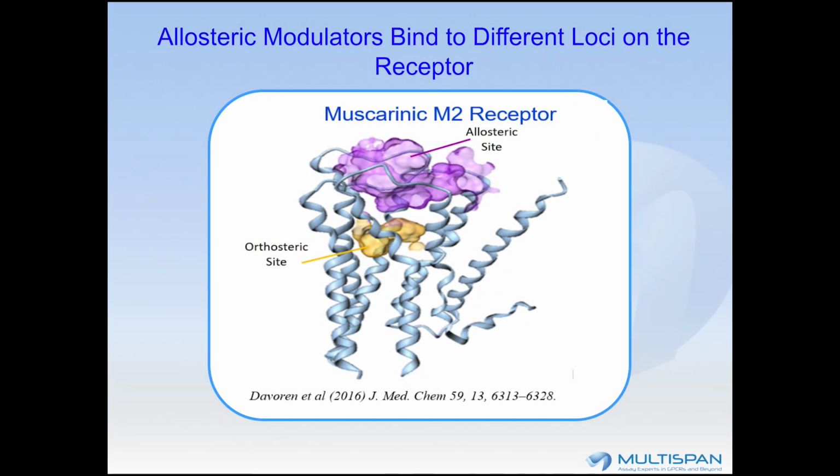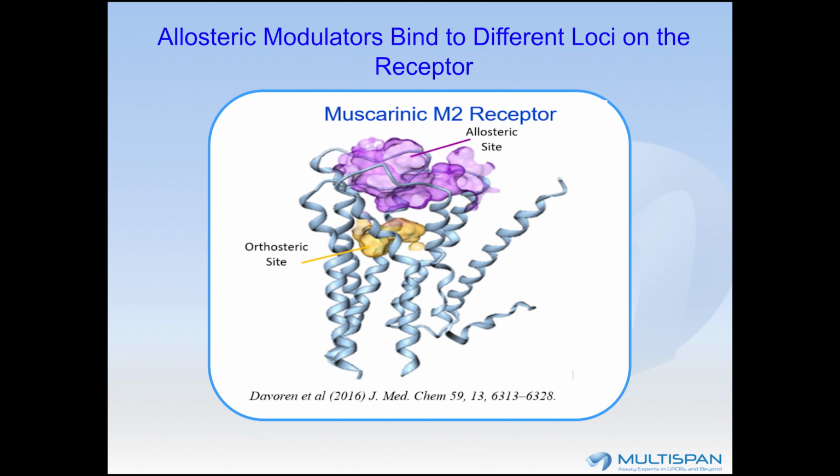Right. This is an exploding field in GPCRs. GPCRs are nature's prototype allosteric molecule, where compounds bind to one site to affect the interaction of the receptor at another site. So as shown in the first slide, we have separate binding sites.